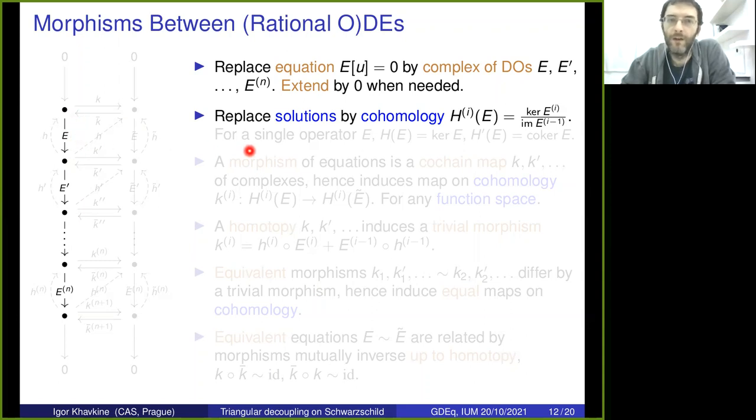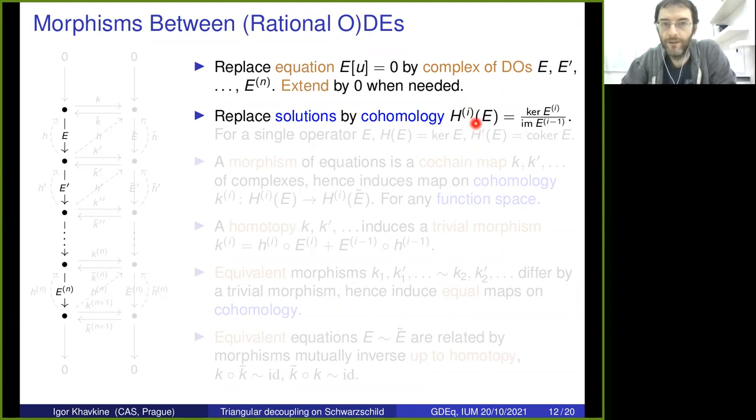You can recover the notion of solutions through the idea of cohomology, which is a natural object associated to a complex. I think a lot of people in the audience are familiar with ideas from homological algebra, so I won't dwell on that so much.